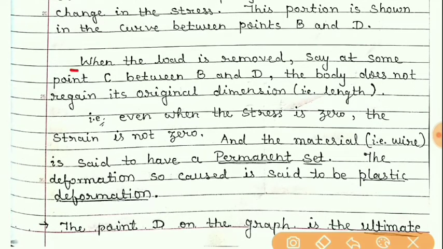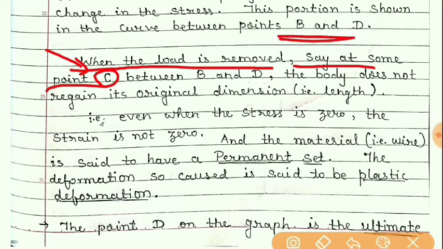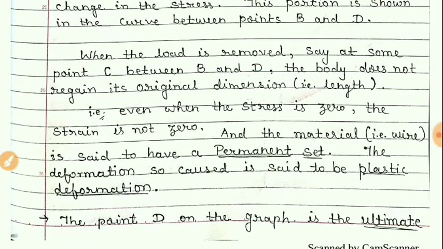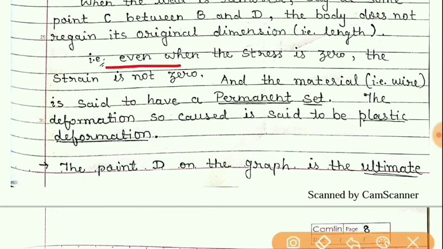Now, when the load is removed, say at some point C, which is between B and D, the body does not regain its original dimension. Original dimension means here it is length. That is, even when the stress is zero, the strain is not zero.